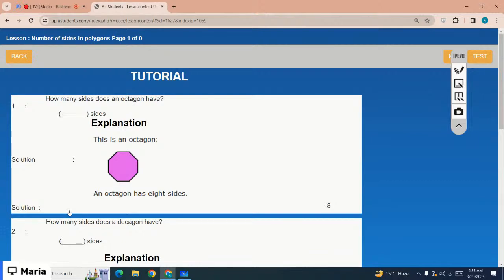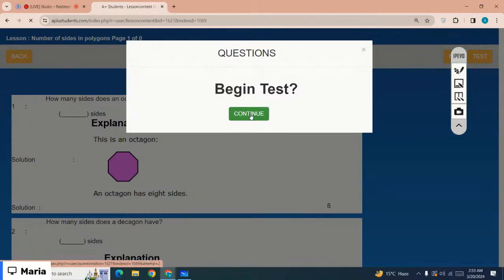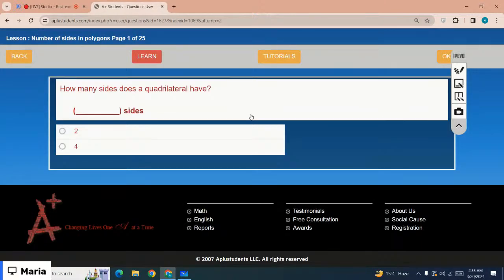How many sides does an octagon have? So which is the correct option? The correct option is: octa means 8, right? So an octagon has 8 sides. Very good. Let's just start with the test questions. How many sides does a quadrilateral have?